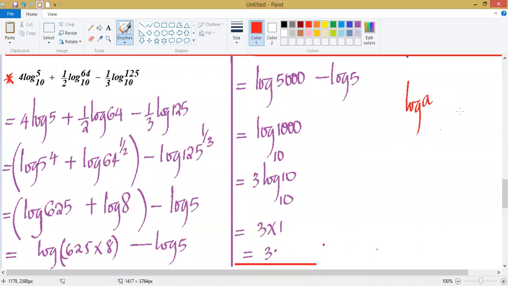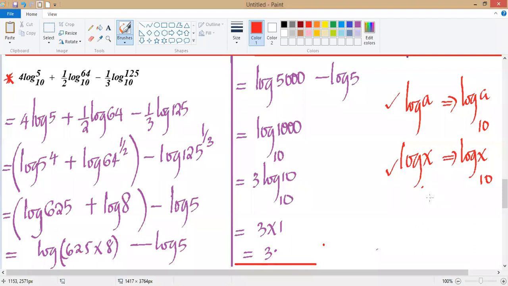If someone writes log A, that means log A to base 10. So you must have missed the introduction as well. If someone writes log of X without anything down here, that is the same as log of X base 10. Understood? Yes, teacher, I've understood. Thank you.